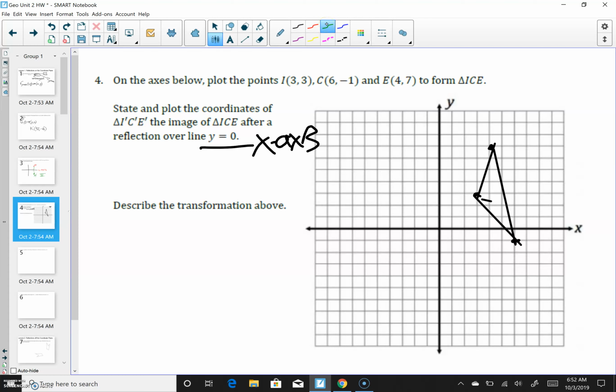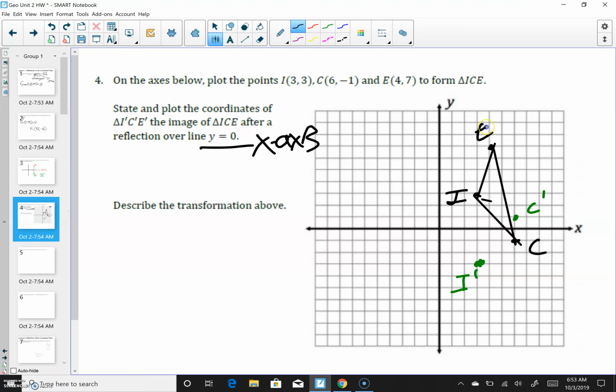If we reflect point I, how do we get to the x-axis? We have to count down 1, 2, 3. So we're going to count down 1, 2, 3 again, and there's going to be I prime. For point C, we have to count up 1. We count up 1 again, and there's C prime.